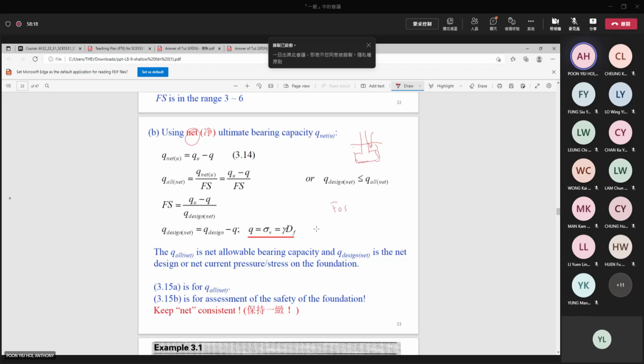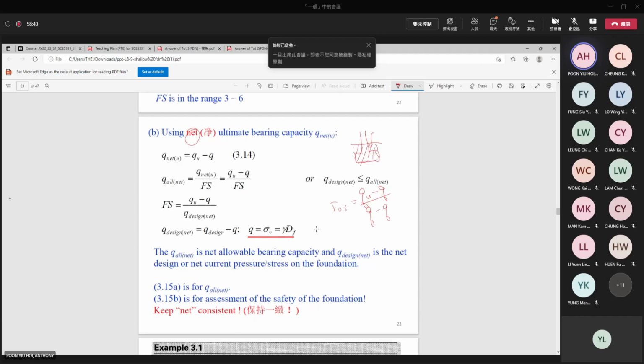Instead of just calculating the ultimate bearing capacity, we subtract the soil removed, and then divide by the actual foundation load, also subtracting the soil removed.